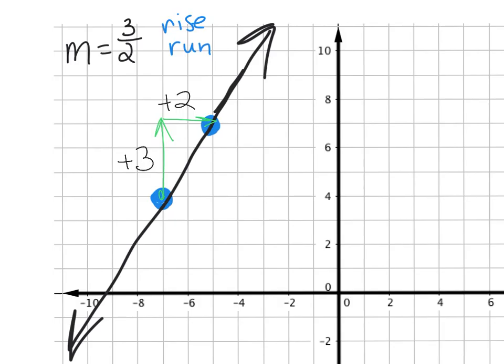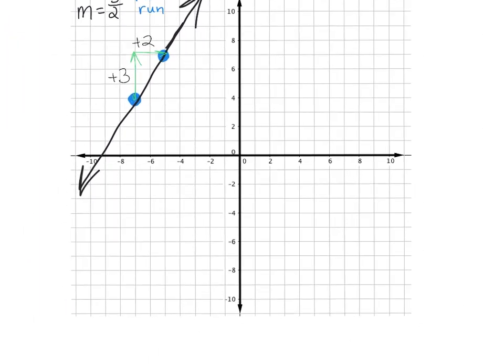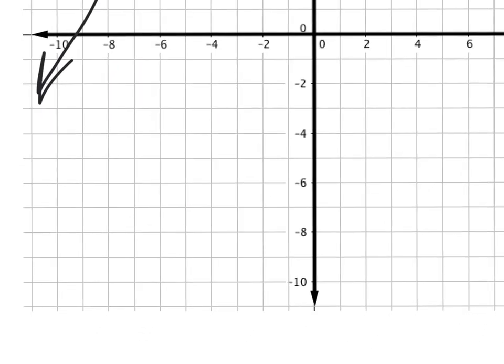Now, if I wanted to choose, let's move around here, and let's do another line down here, and let's zoom in a little bit, and let's make one of the dots right here. And let's make the other dot right here.